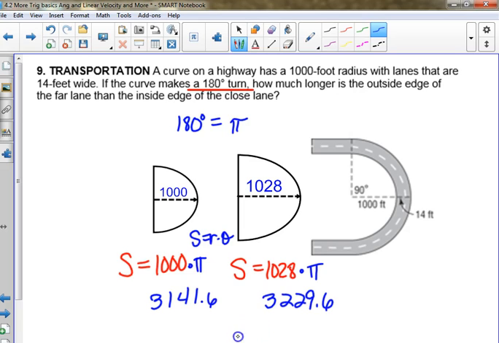So what's the difference? It says how much longer. So the difference is, I got about 88 feet longer. Okay. Yes.